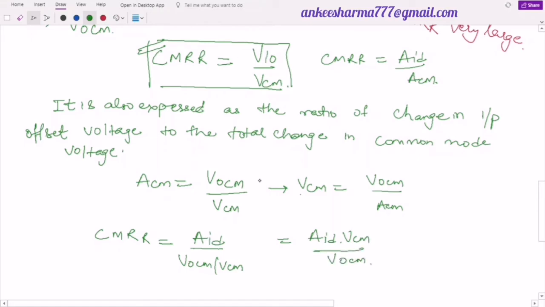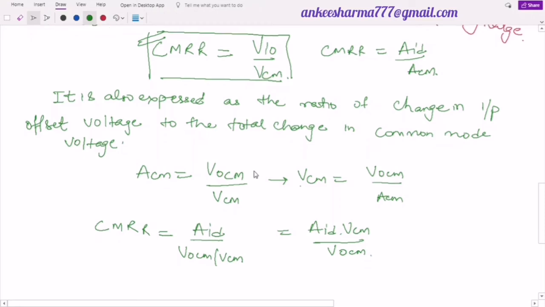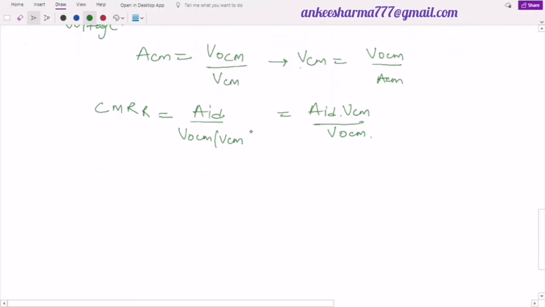Now you can substitute the values of VCM and VOCM, or if you take this to the left-hand side, you can also get the same result. I can also write it as the output voltage due to the common mode will be equal to the gain of the differential voltages, or simply AID, into VCM by CMRR.